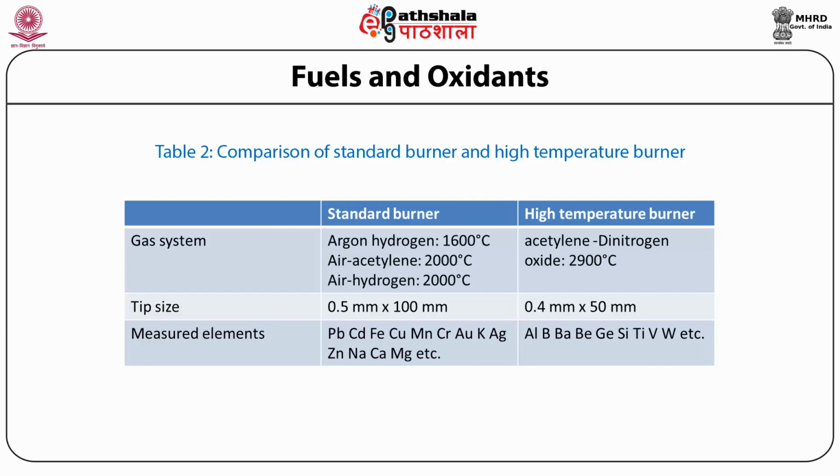The tip size in the case of a standard burner is 0.5 mm to 100 mm, whereas in high temperature burners the diameter is slightly less, with the length being 0.4 millimeter to 50 millimeter. With standard burners, the elements which can be detected include lead, cadmium, iron, copper, manganese, chromium, calcium, magnesium, zinc. By using high temperature burners, we can detect aluminium, boron, barium, beryllium, etc.